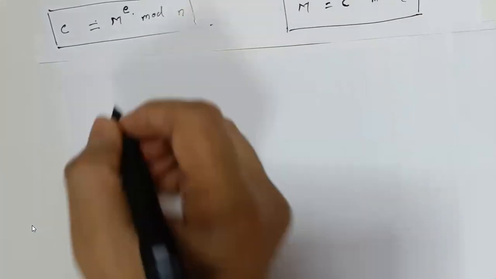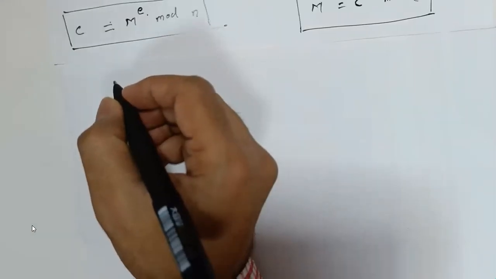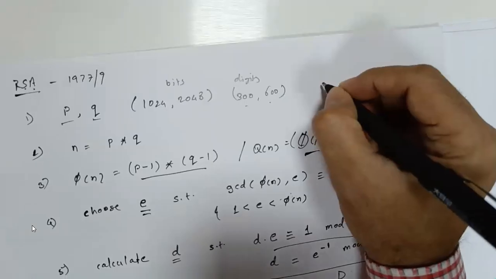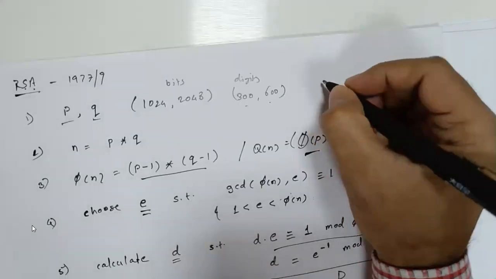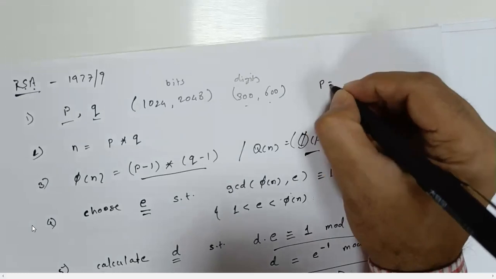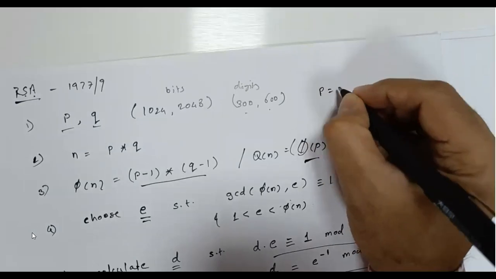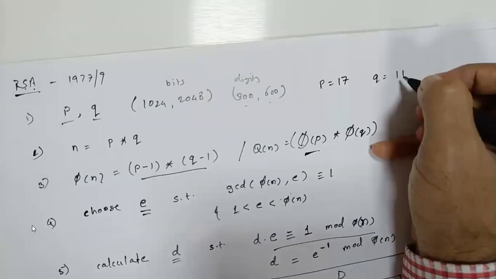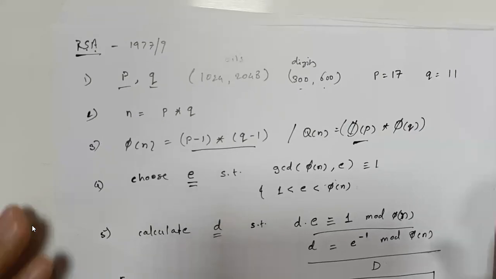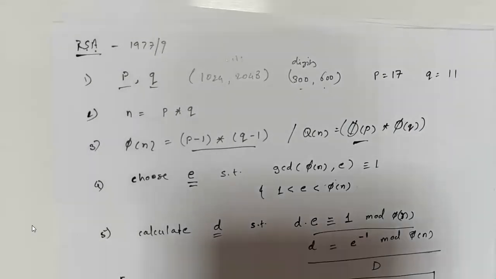Can we consider P equal to 17 and Q equal to 11? Can you solve this on your paper? Few steps are very simple.